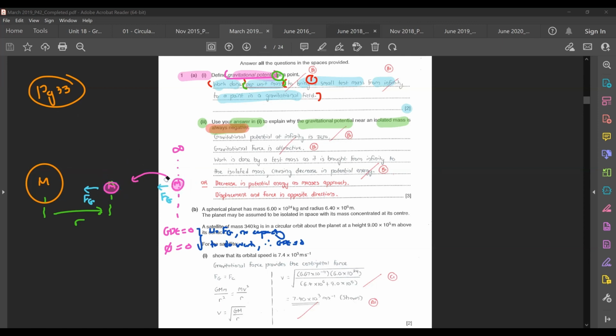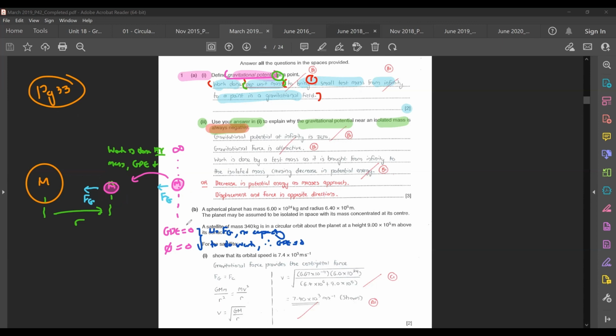by itself. So when the mass moves by itself due to the existing gravitational force acting on the test mass, I could say that work is done by the mass. When work is done by the mass, your GPE has a tendency to decrease.